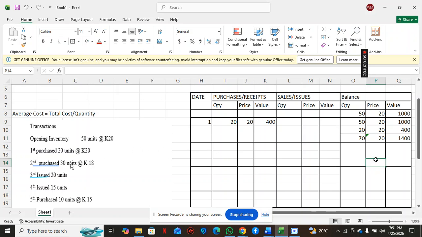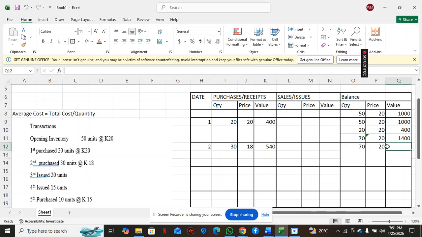We have another transaction. On the second, we purchased 30 units valued at 18 kwacha. Total cost of these spare parts, 540 kwacha. So in our balance section, you're going to put 70 units here, valued at 20 kwacha each.